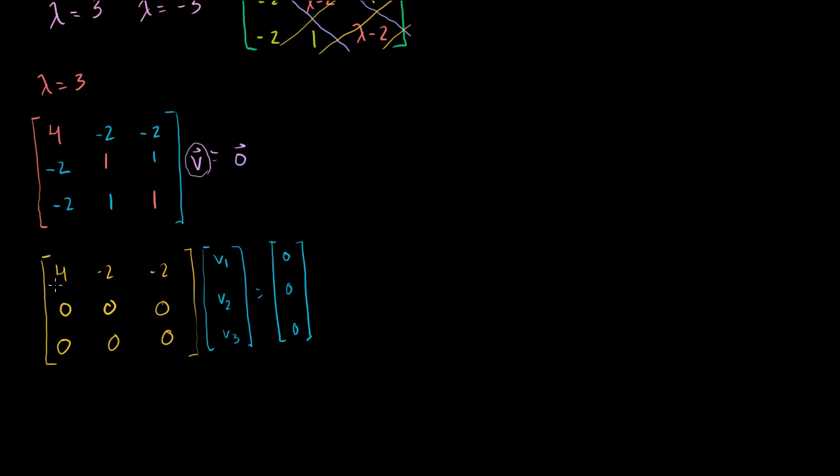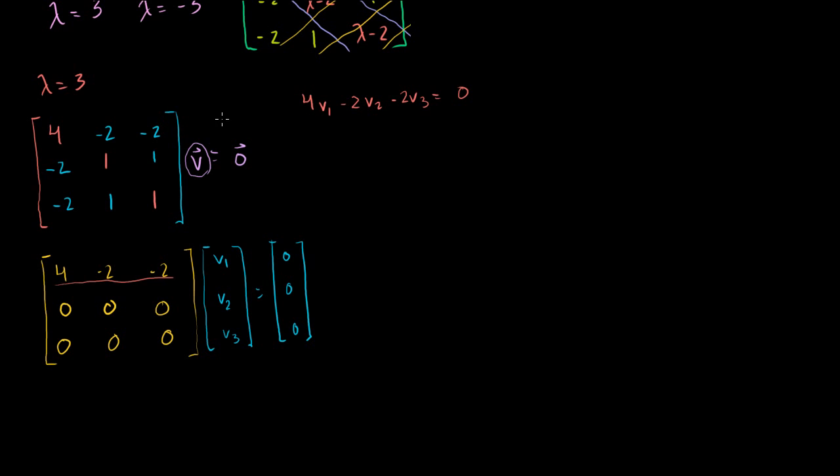The only one is this row up here, which tells us that 4 times v1 minus 2 times v2 minus 2 times v3 is equal to 0. This wasn't complete reduced row echelon form, but it's close enough, it's easy for us to work with.